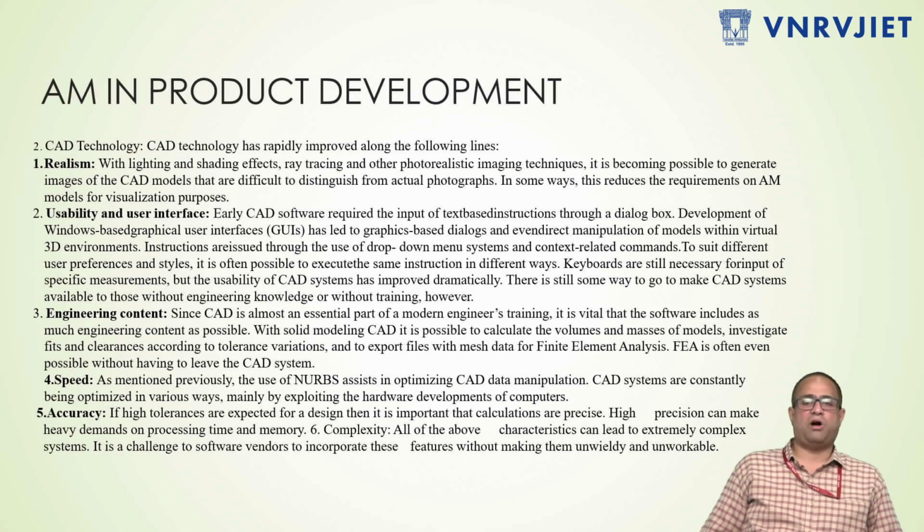And after that, how well we are able to validate our CAD model using FEA analysis. Next, followed by speed and accuracy. Accuracy means up to what accuracy we are able to make that CAD model. All this plays an important role, especially in product development, when we deal with CAD modeling.